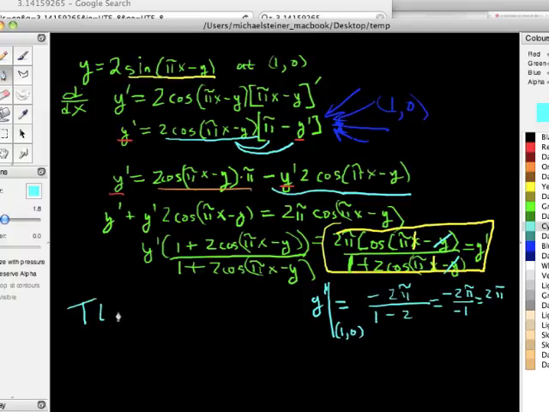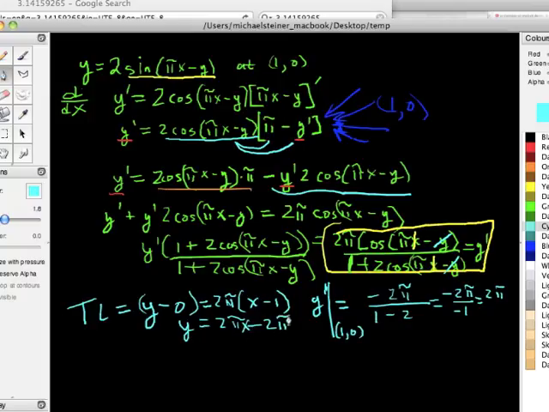Okay, so we have the slope of our tangent. So our tangent line is y minus a y on the line, which is 0, equal to 2 pi times x minus 1. And so this is just y equals 2 pi x minus 2 pi. Okay, that's in slope-intercept form.